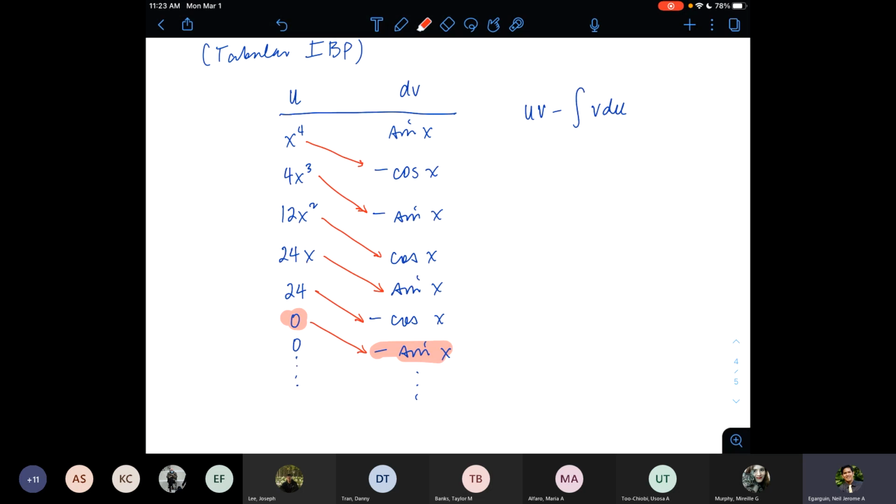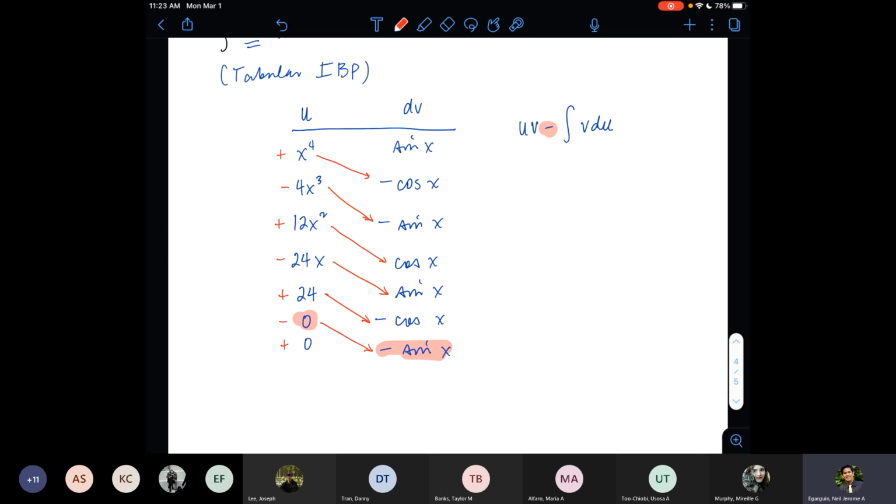So that will be gone. That's why I usually want u to be something that will have a 0 higher order derivative. So I'll stop there. That's why I knew I should stop the table here. And then remember, the formula has a negative sign. So that means there should be some alternating of the signs here. So you do plus here, negative here, plus here, negative here, plus, minus, plus, and so on.